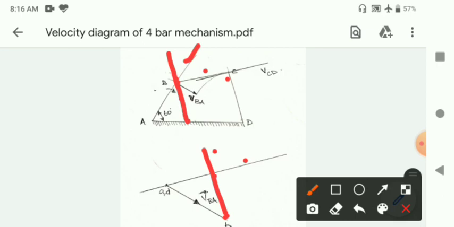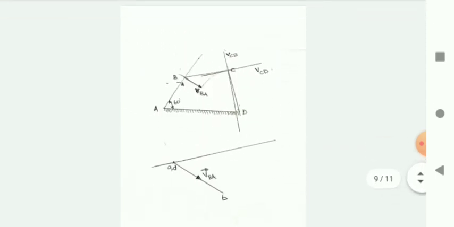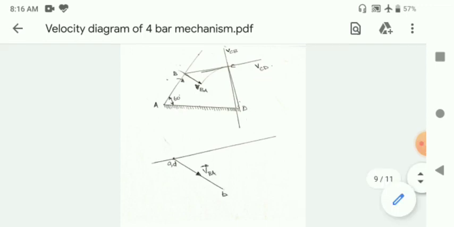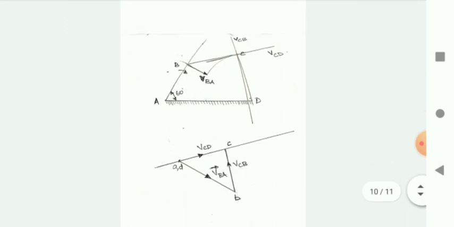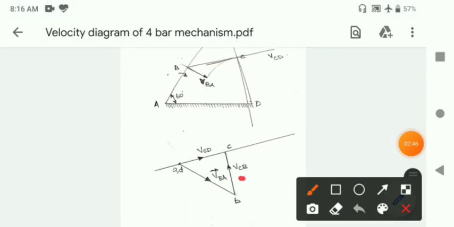And this point is C, small c. So that is what I have drawn. First I have drawn the line of action of velocity of C relative to B or B relative to C, that is this line, and then from point B I have drawn a line parallel to this line of action.